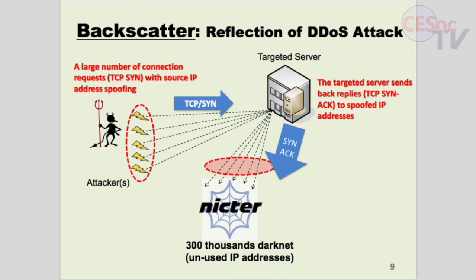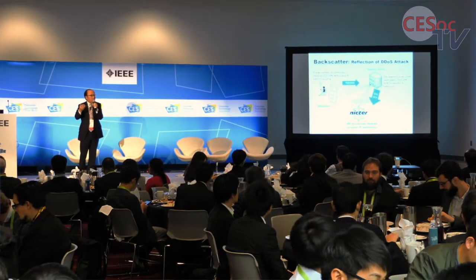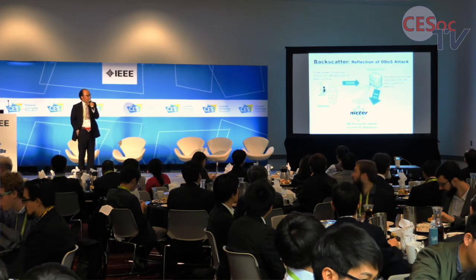Bad guys, the attackers on the left side, send TCP/SYN to the DDoS-targeted server, which belongs to one company. Most attacking hosts do not need to use a real source IP address, so many of them spoof the source IP address.